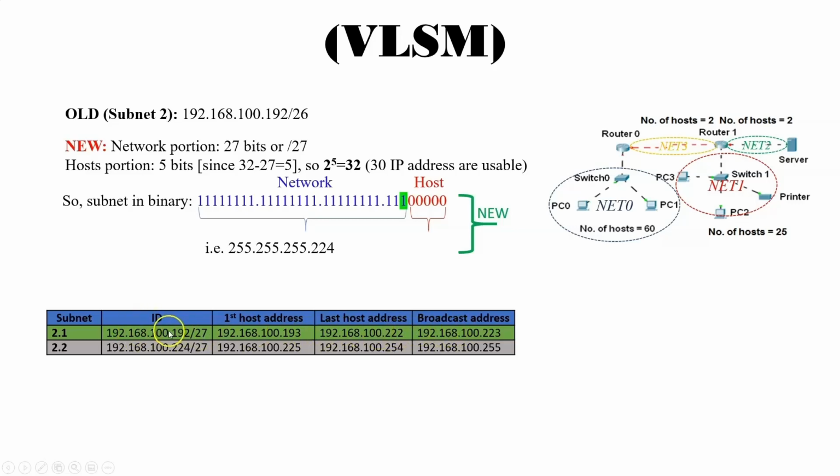We can now assign this subnet to net 1. Why? It has 32 possible IP addresses and 30 usable, and I need 25. So that seems to be the most optimized one. So I provide that to this network. Net 1 now got this subnet. Which subnet?